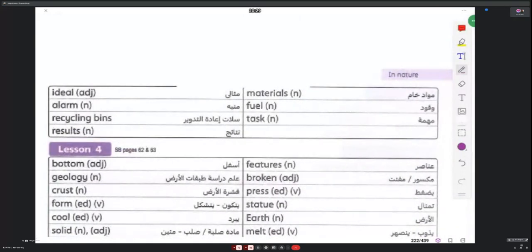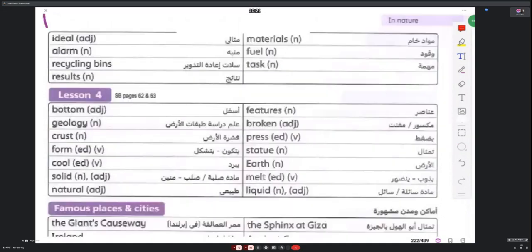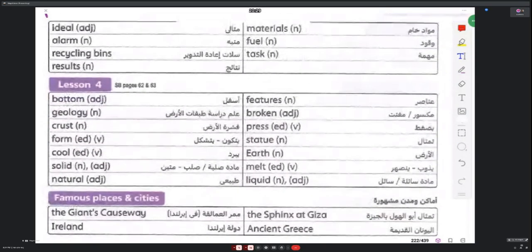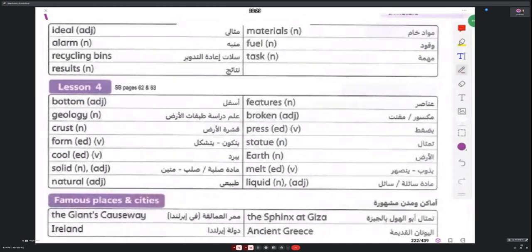Luigi. Ideal, alarm, recycling bins, results, materials, full, task, fuel. Fuel oil, which means petroleum. Burn. Geology. Crust.